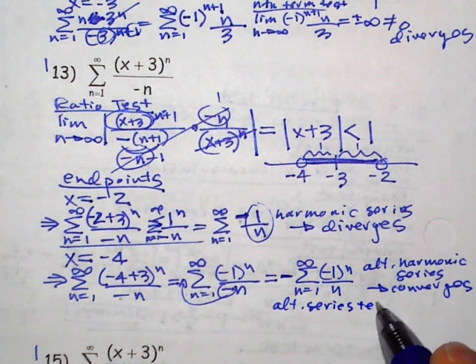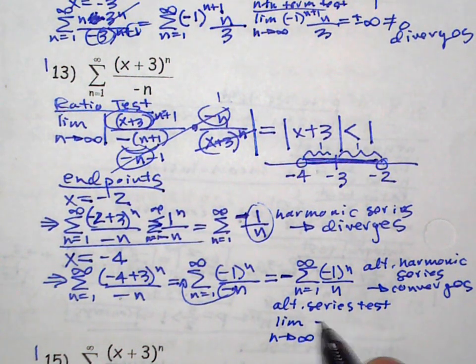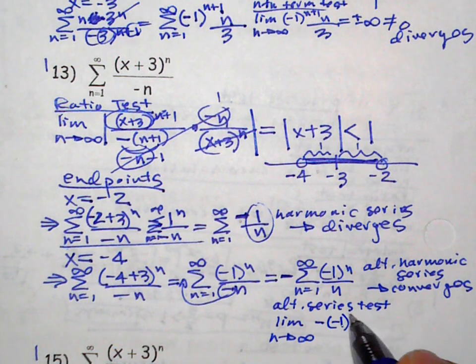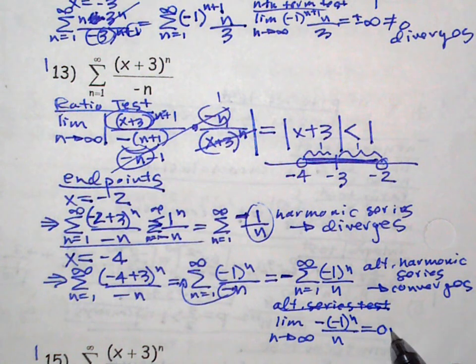And the alternating series test says the limit as n goes to infinity of your series, if it goes to 0, it looks like the nth term test, but if it goes to 0, usually that's inconclusive for nth term, but for an alternating series, that means it converges.